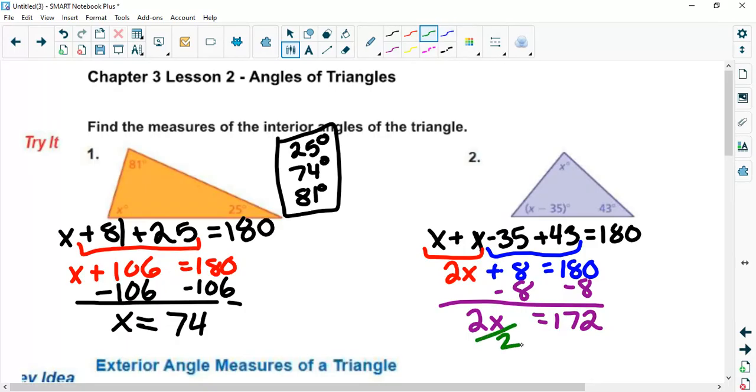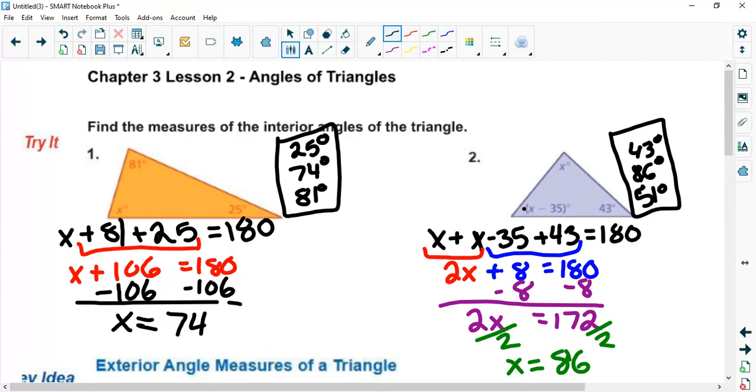And then divide by 2. So for this one, my angles are 43, 86, and then 86 minus 35 is 51. So we found the interior angles.